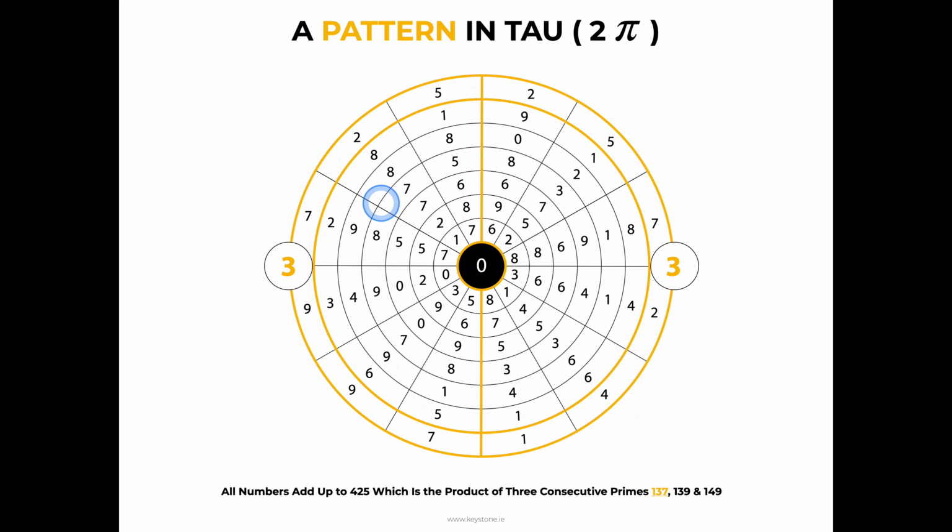All of the numbers in this add up to 425, which is the product of 3 consecutive primes, 137, 139, and 149. 137, the mysterious number from quantum physics, occurs here. Interesting observation. This is on row 7 of 2 pi, also known as tau.